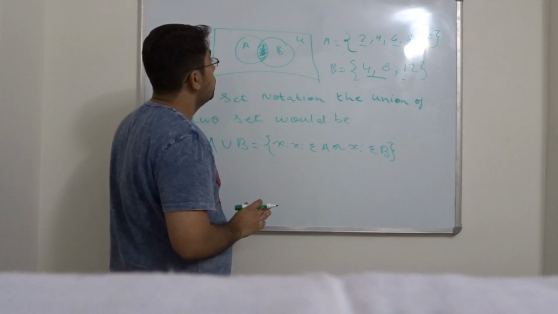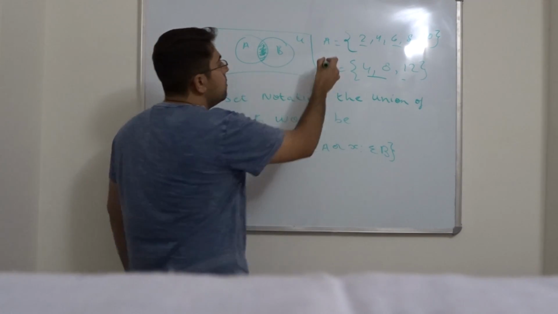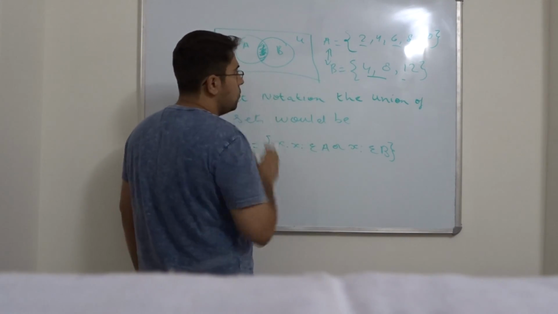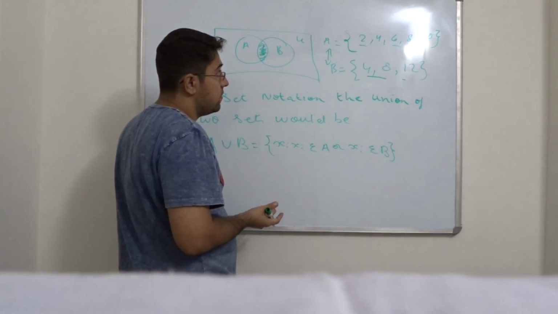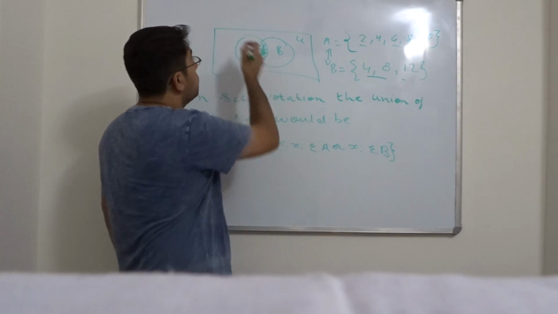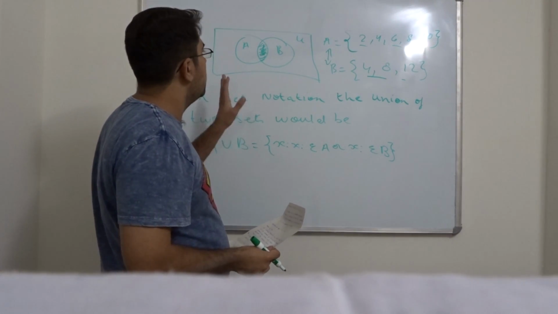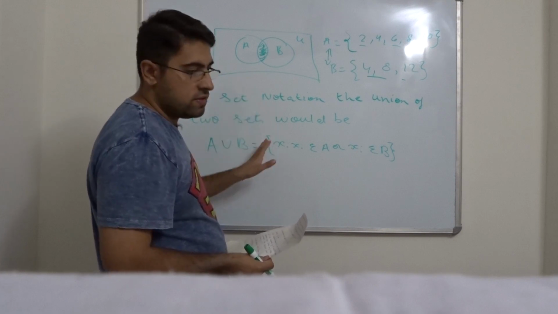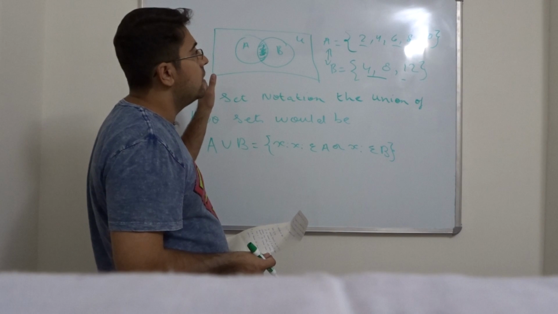You'll only take the common elements of both these sets and put them there. If you want to take common elements of a set with another set, you'll have to make another one. So all it's trying to say is that you only take common elements once.